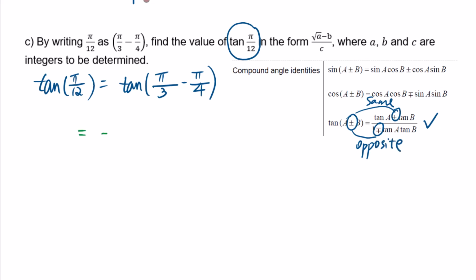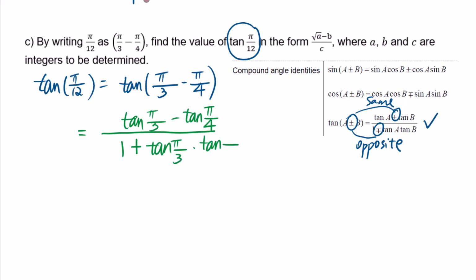Using this formula, we get tangent pi over 3 minus tangent pi over 4, over 1 plus tangent pi over 3 times tangent pi over 4.